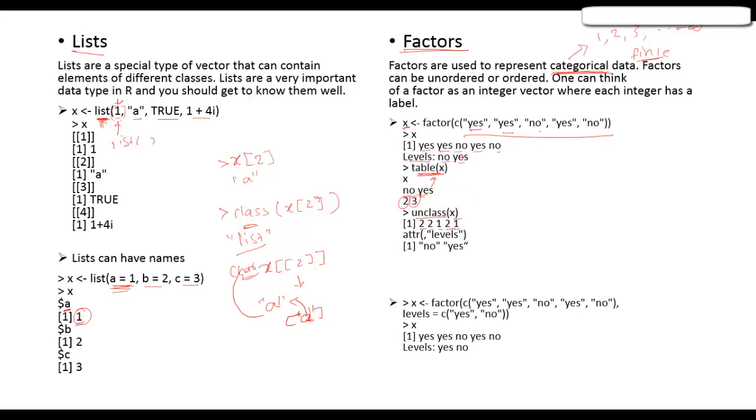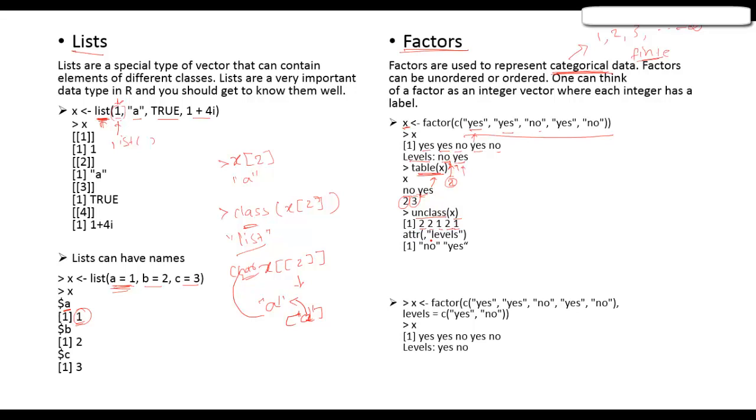It's because no matter what data type the labels are, underneath it stores each one using a number. So we are seeing no, but internally the no represents a certain number, let's say one or two, a specific discrete number. So when we are unclassing it, we are getting a vector of the numbers that were used to represent the labels of these categories.